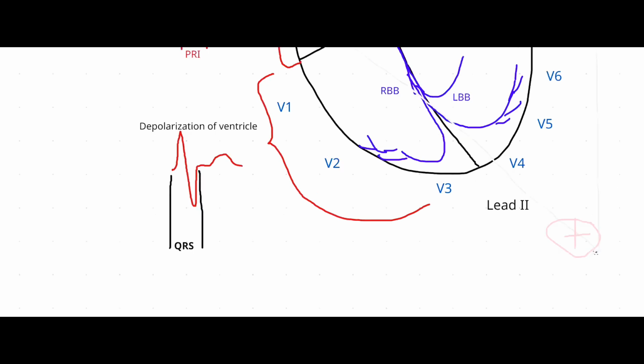So the QRS complex is the contraction of the ventricle, okay? And the normal time that it should take for the ventricle to contract should be anywhere from 0.06 to 0.12 seconds.